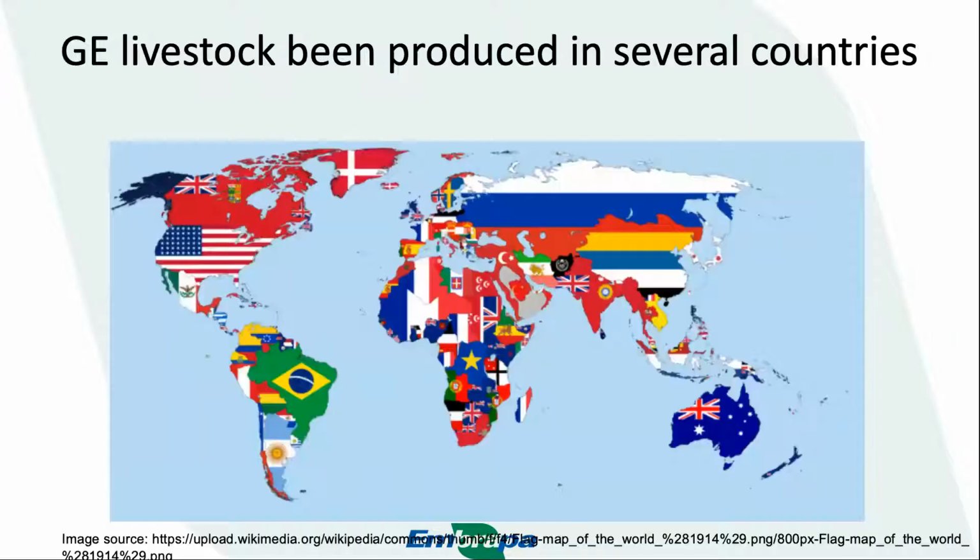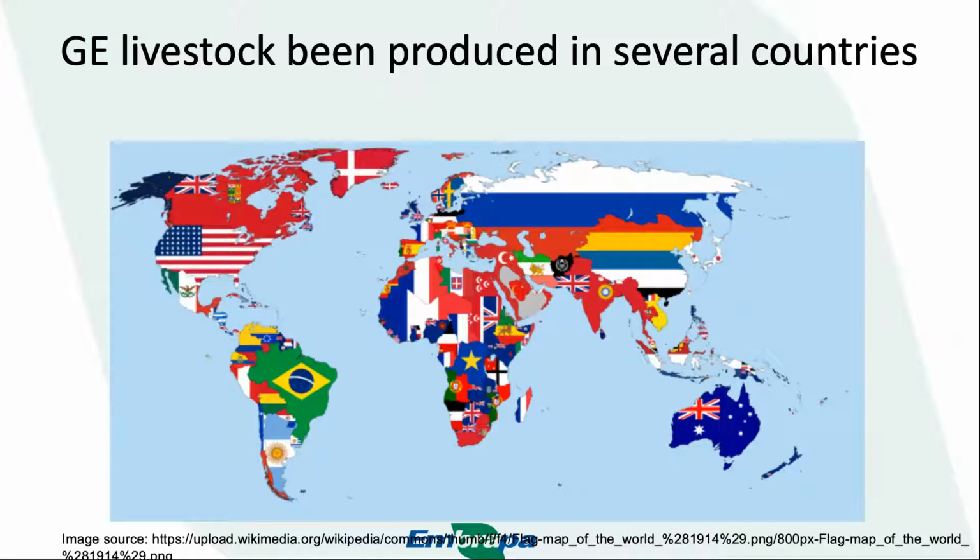As I said, I will give you 3 examples. Before doing that, I just want to show you that the examples are from different parts of the world. We can find genome edited livestock in several countries. All of them were made only for research purposes. Actually, there is one of them that is already approved for market in Brazil and Argentina.